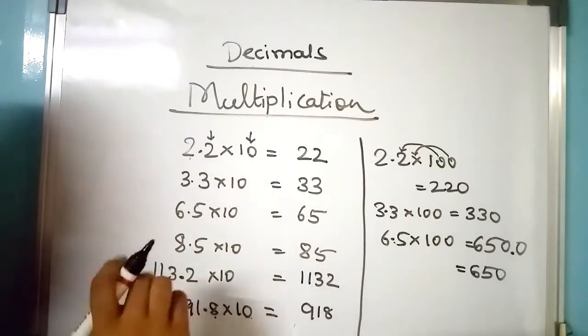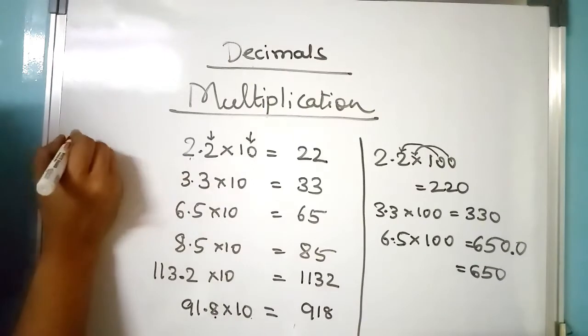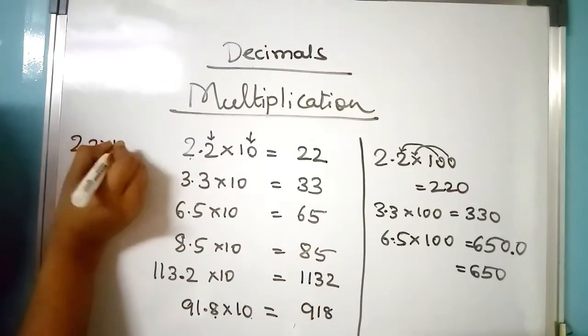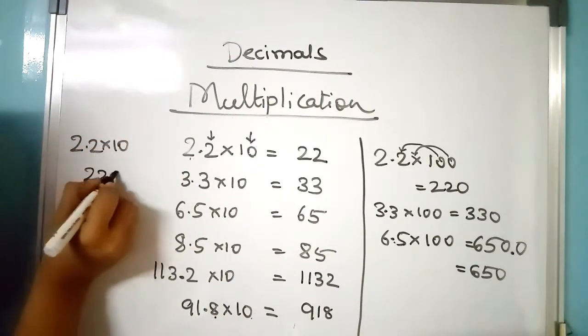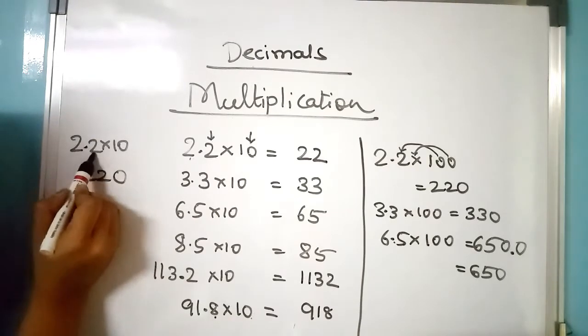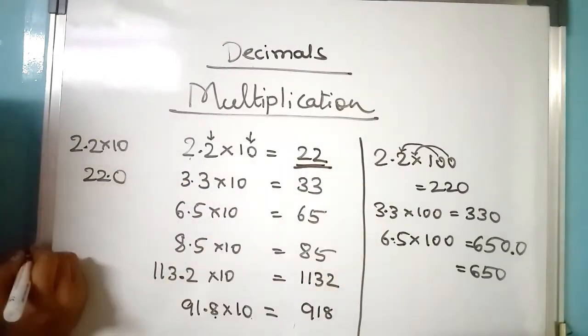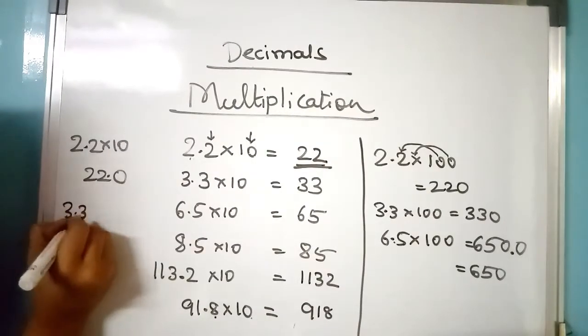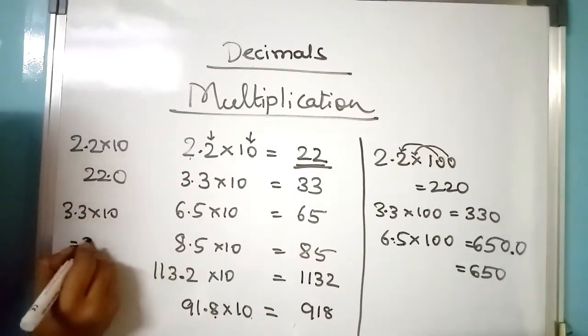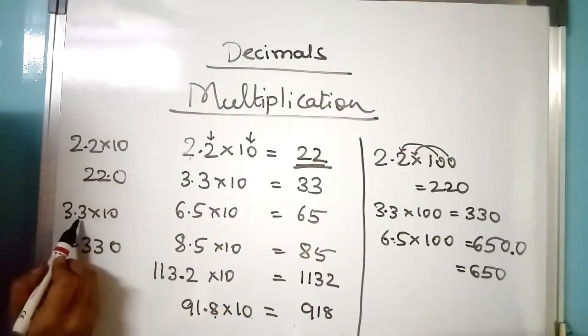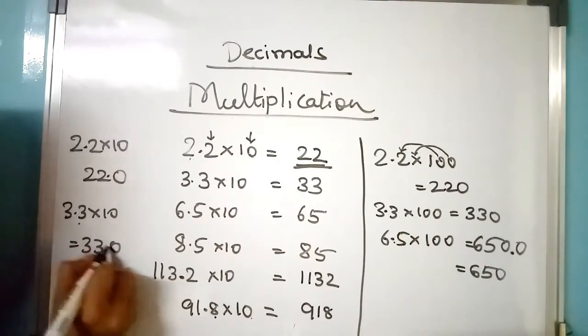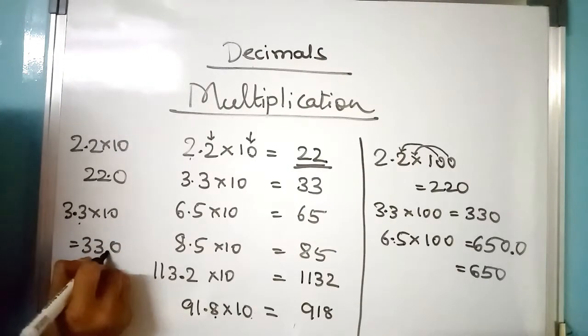Okay, so the shortcut to do it: 2.2 into 10 means it is 220, but after decimal there is one place, so the decimal will come here, and so we write 22. Similarly, 3.3 into 10, it is 330, but from the right side to the left, we have one decimal place, so we place the decimal here.